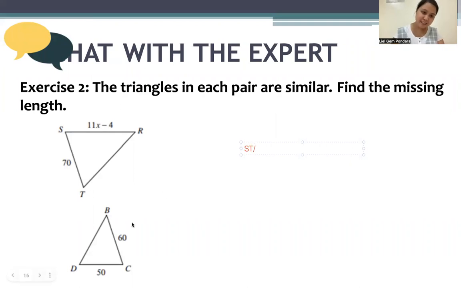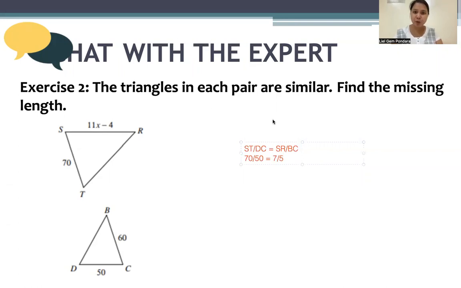The smaller side to DC, while SR is proportional to BC. Now, the first one is given. So we have 70 over 50. Our scale factor is 7/5.